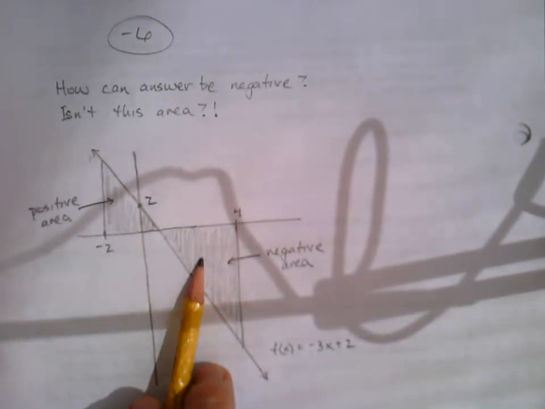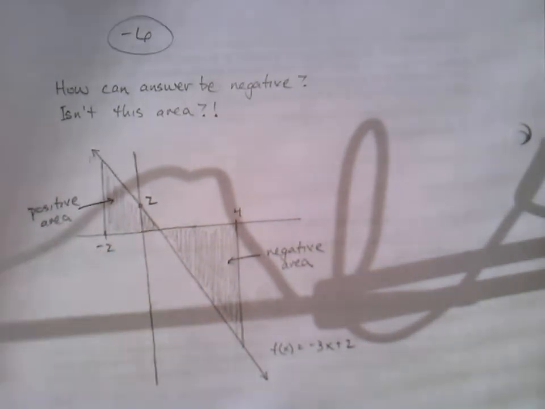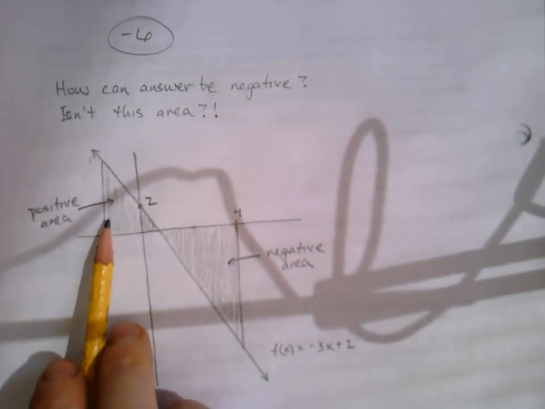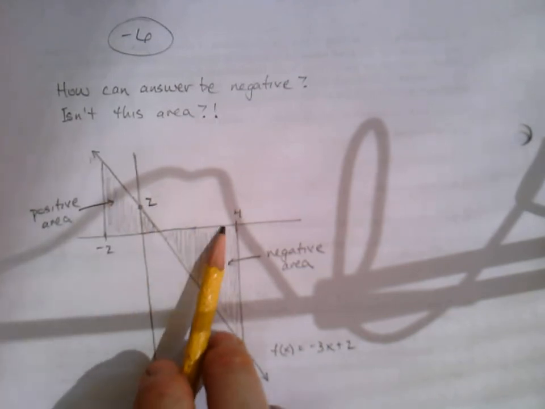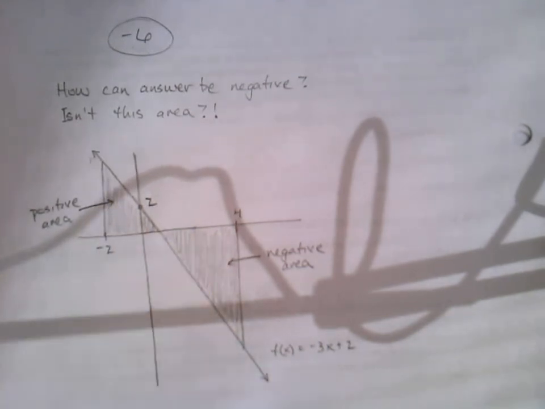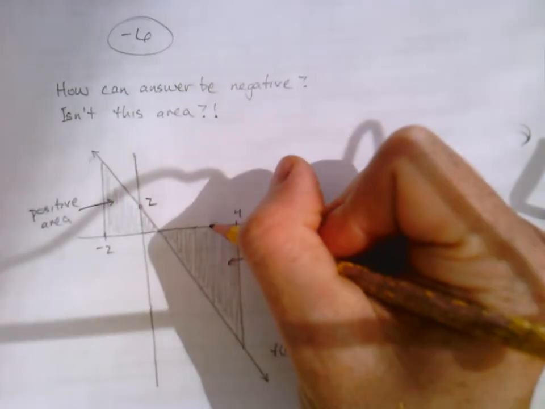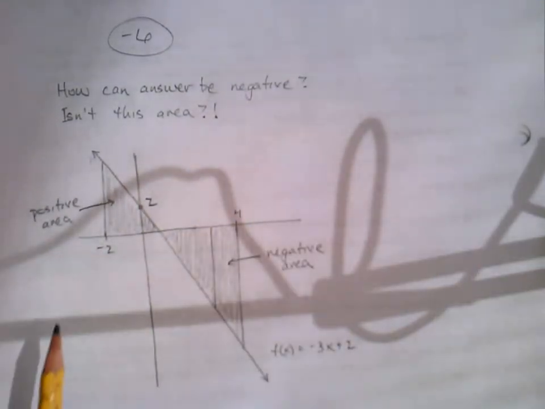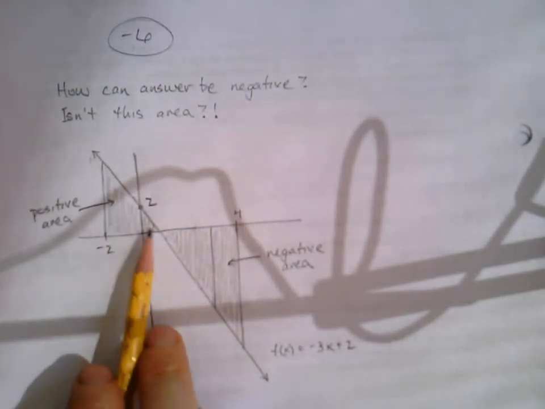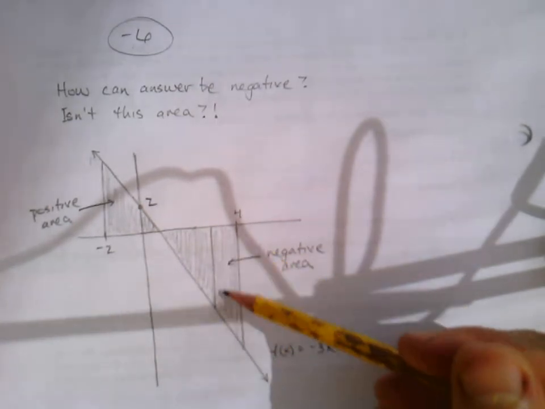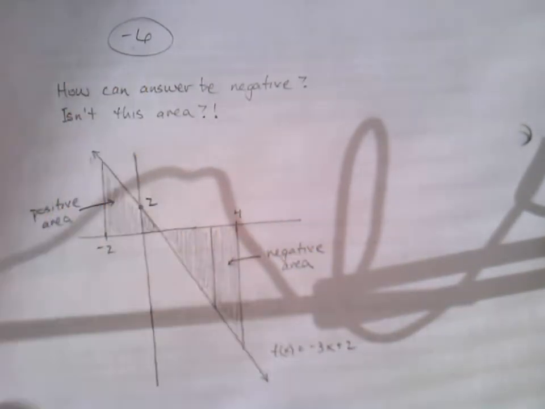And it turned out there was more negative area than positive area. So if you found each of these separately, this would balance out, say, about this much, like that would cancel out with that. But then there'd be some more left over, and that's why we end up with a net negative when it's all done.